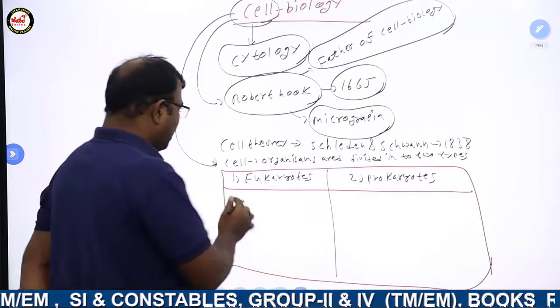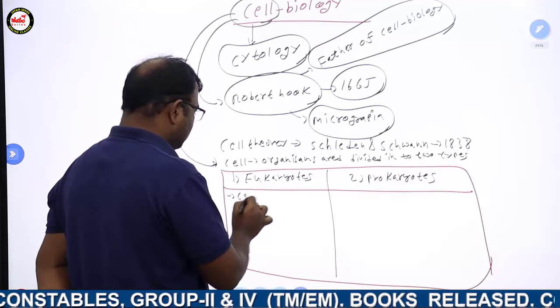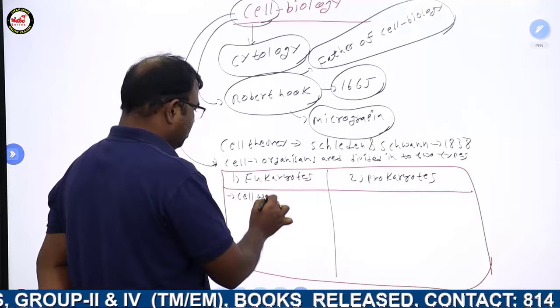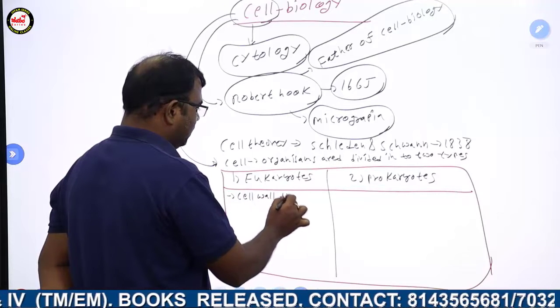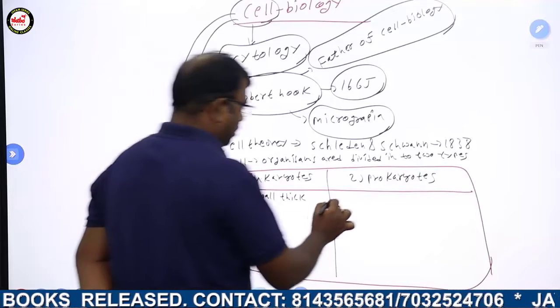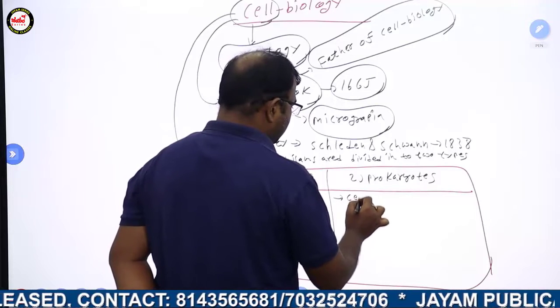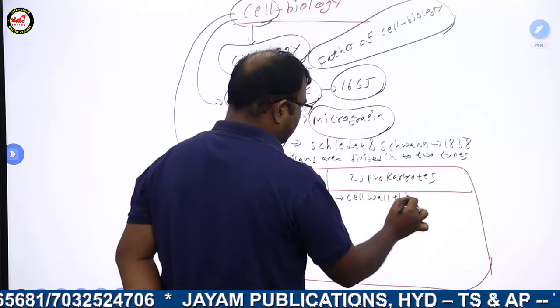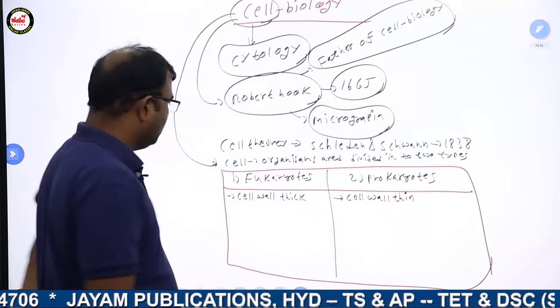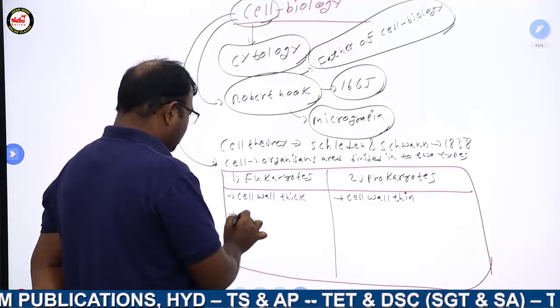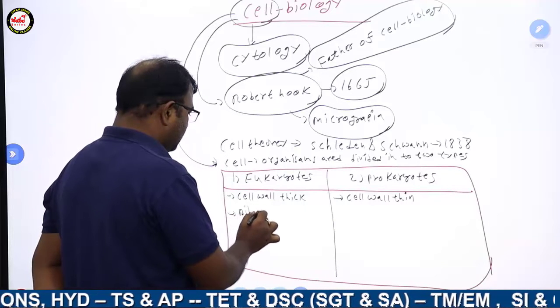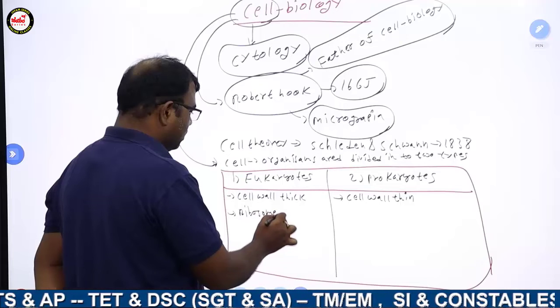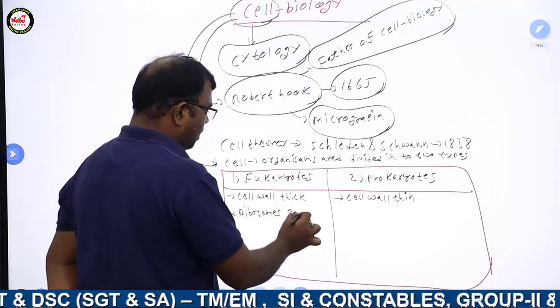The eukaryote cell wall is thick. The prokaryote cell wall is thin. The eukaryote ribosomes are 80S ribosomes.